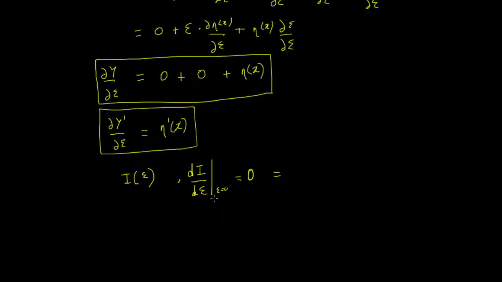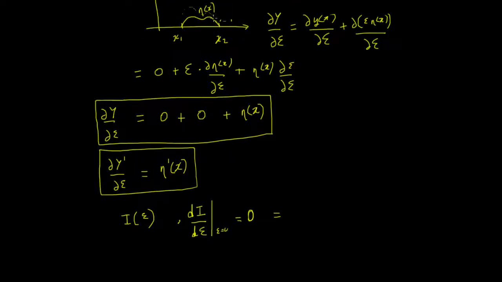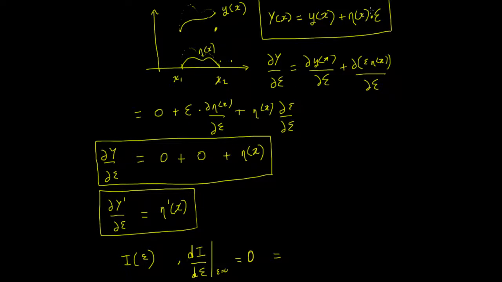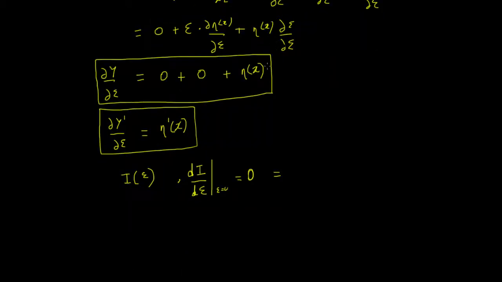Then we know that if epsilon equals 0, this large Y would equal the small y, because we've set epsilon equal to 0. So that term disappears and we've just got large Y of x equals small y of x.